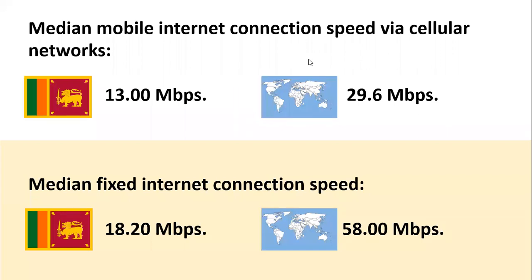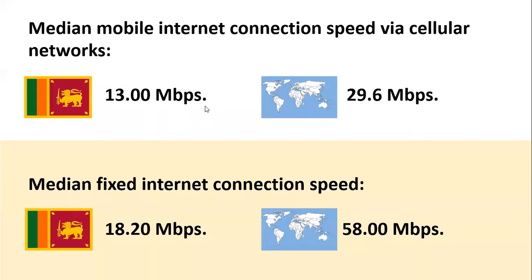Again using fixed connections, fiber connections, or some other fixed connections. In university, you have a fixed connection, right? So normally, the median speed of these connections in Sri Lanka, if it is a mobile connection, is 13 megabits per second, right? This is megabits per second.